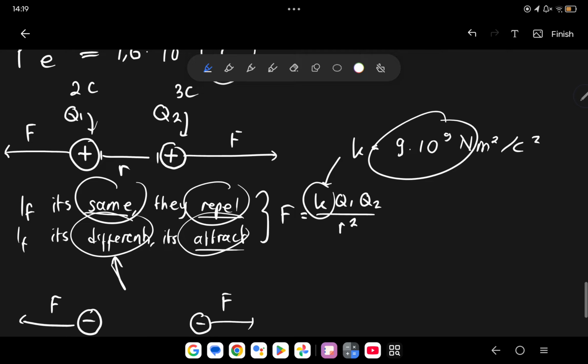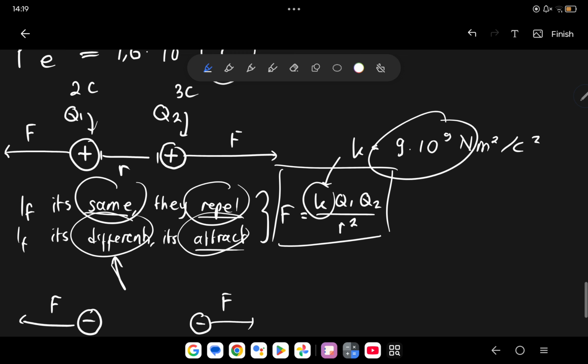And the magnitude of that force is equal to this equation right here, K multiplied by Q1 Q2 over R squared, where K is equal to 9 times 10 to the power of 9. Q1 is how charged the first particle is, and Q2 is how charged the second particle is, and R is defined as the distance between the two. Remember the standard units. R is in meters, and Q is in coulombs.